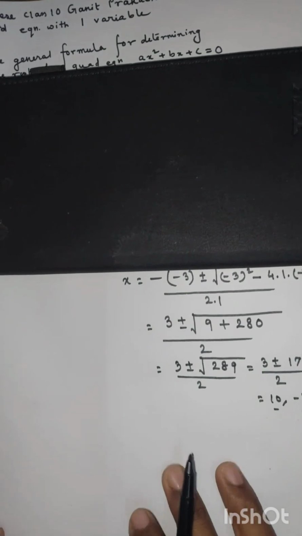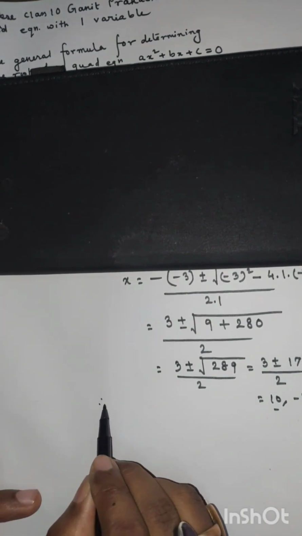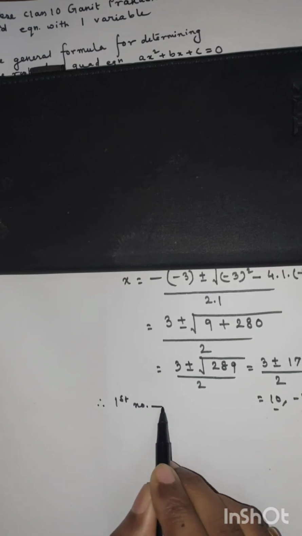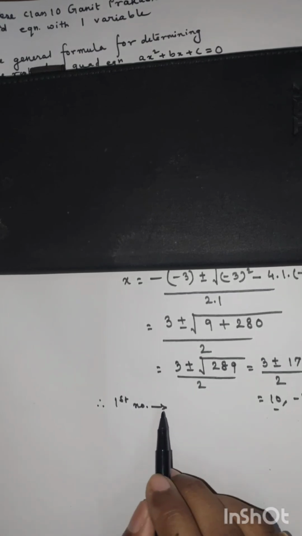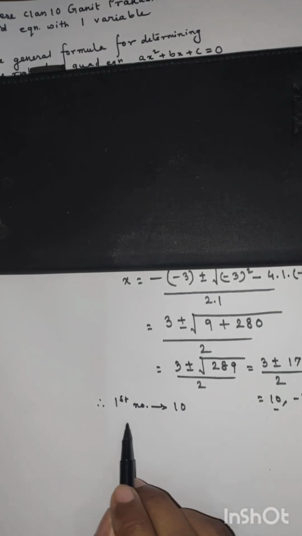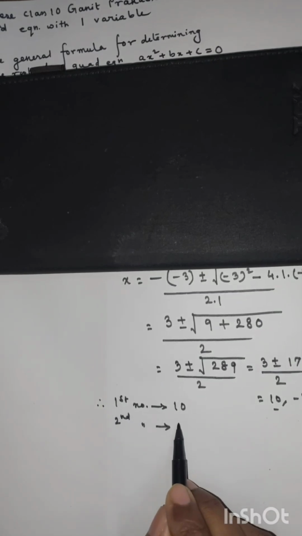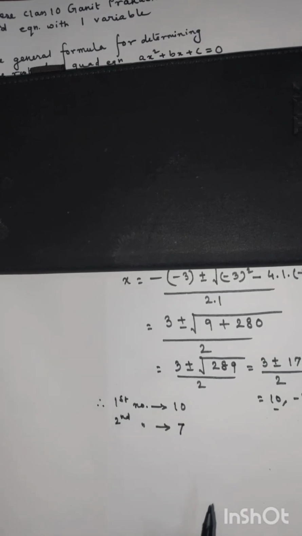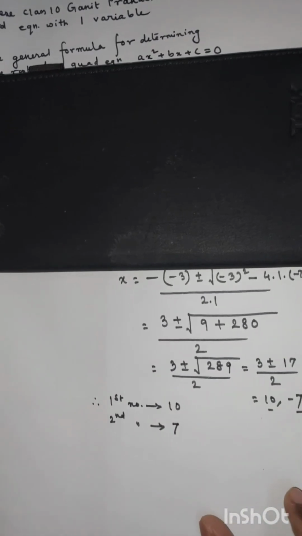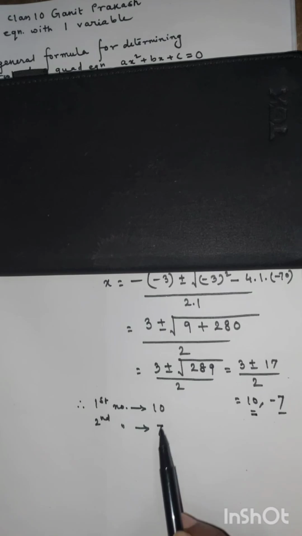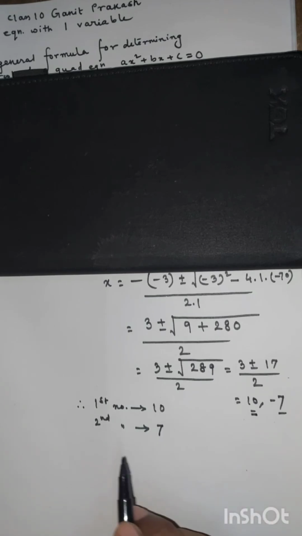Therefore, the first number is 10 and the second number is 10 minus 3, that is 7. When we take x equal to 10, the first number is 10, second number is 7.